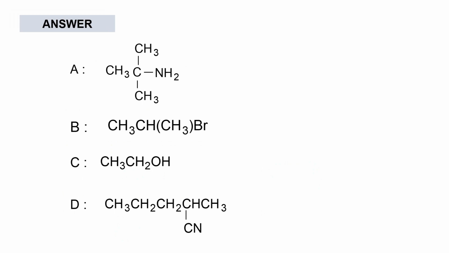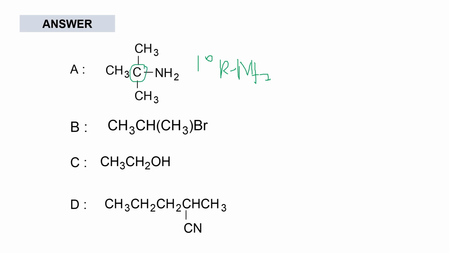Okay, this is the answer for the question. So A is actually a primary amine. How to determine a primary amine? A primary amine is when you have one carbon atom directly bonded to the nitrogen atom. So this is a primary amine.